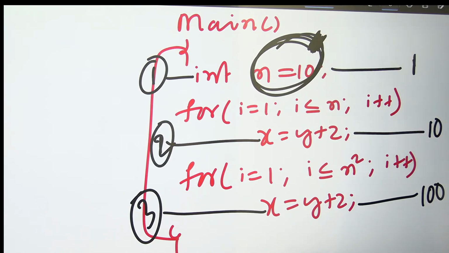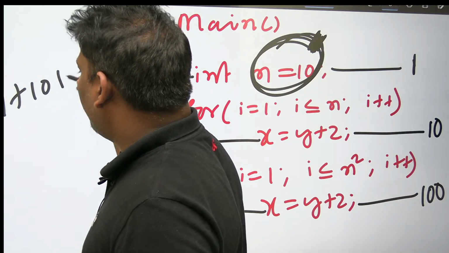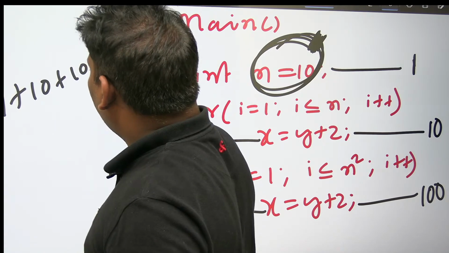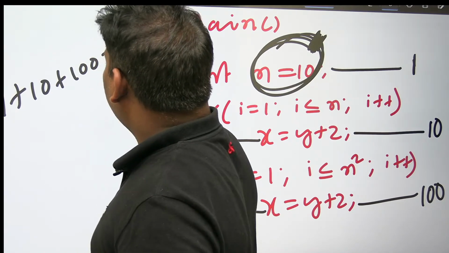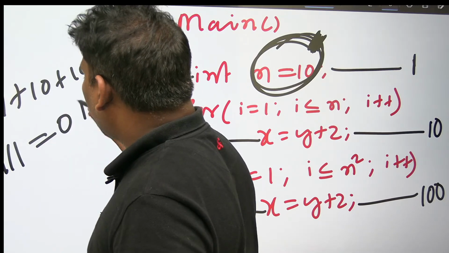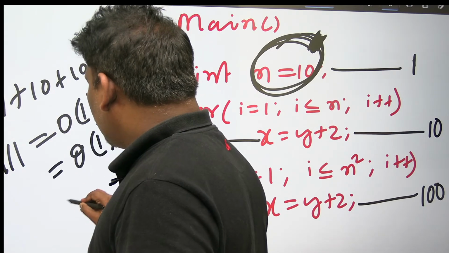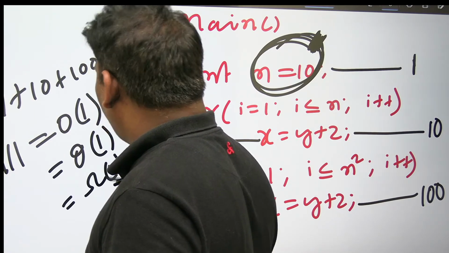It is a constant. So finally it became 1 plus 10 plus 100, which is 111, a constant. Every constant like 111 can be written as big O of 1, which is also written as theta of 1, which is also written as omega of 1. Careful.